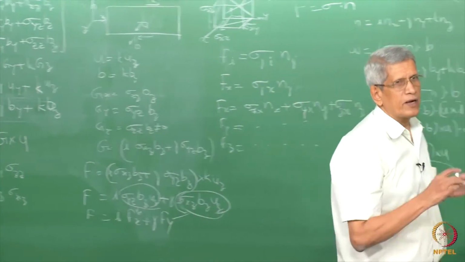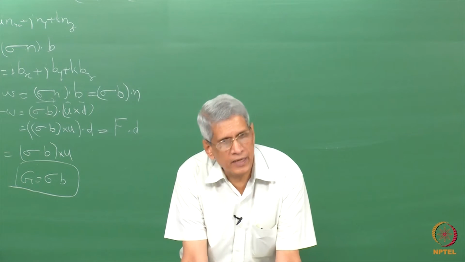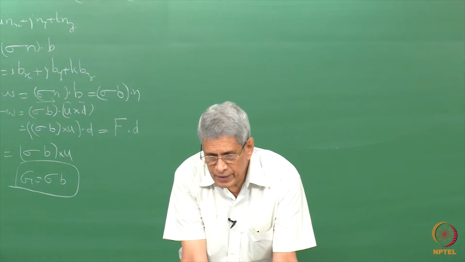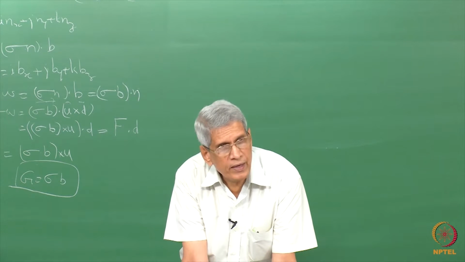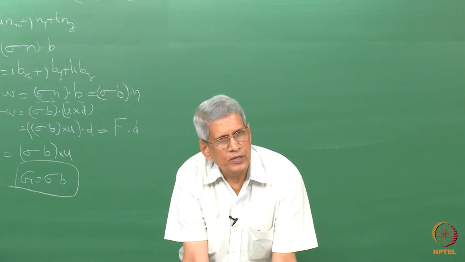So this tells what the forces are which are going to act on the dislocation in the x and y direction alone. But if you look at the net force, if you integrate it over all the area, it will turn out to be 0 on the dislocation.